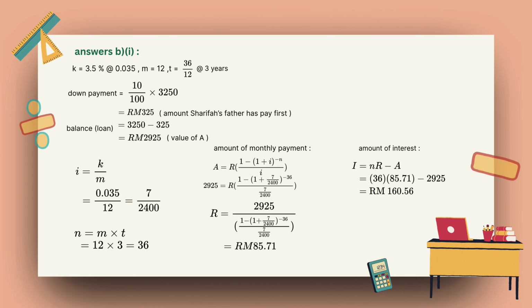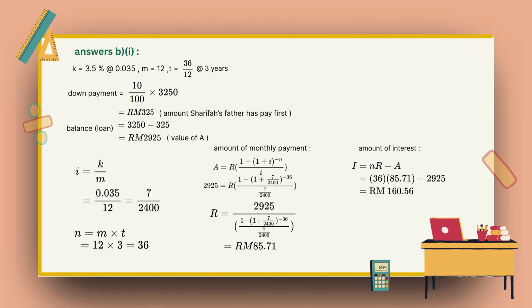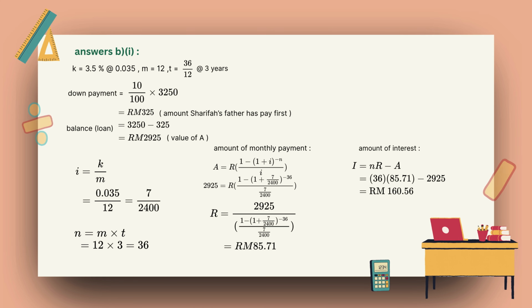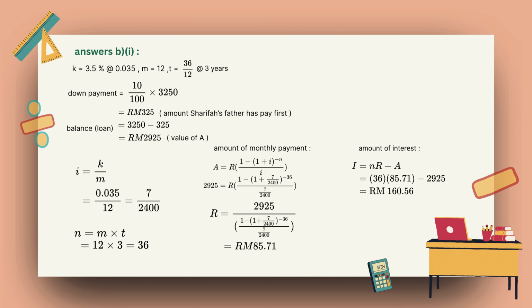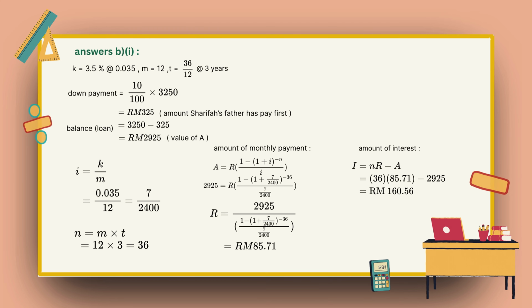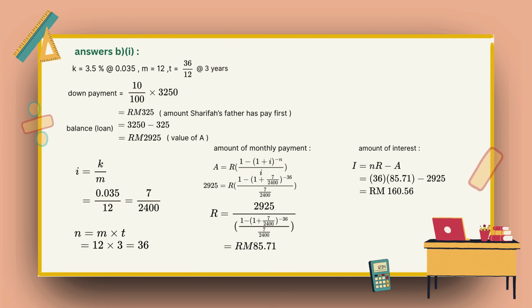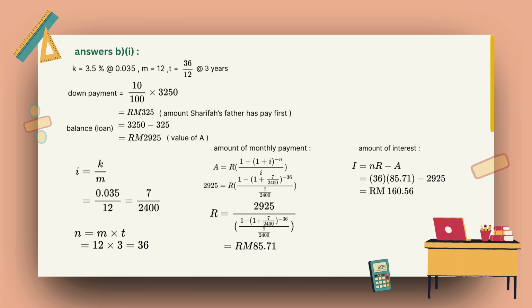Next, the answer for B1 Roman. k equals 0.035, m equals 12, t equals 36 over 12. Next, the down payment, 10% equals 10 over 100 times 3250 equals RM 325. That is the amount Sharifah has to pay first.